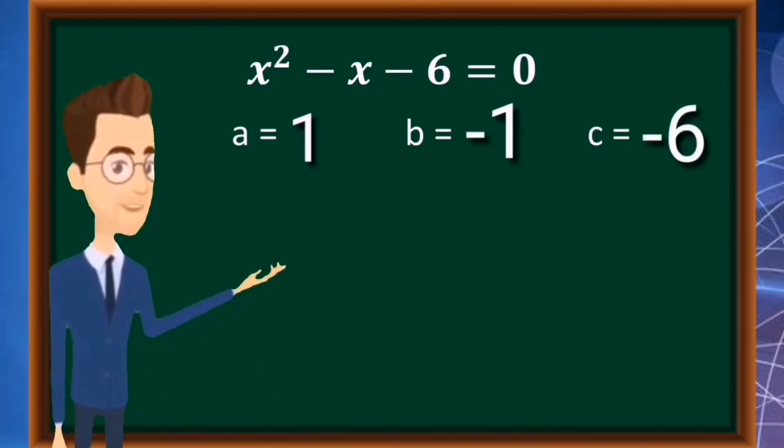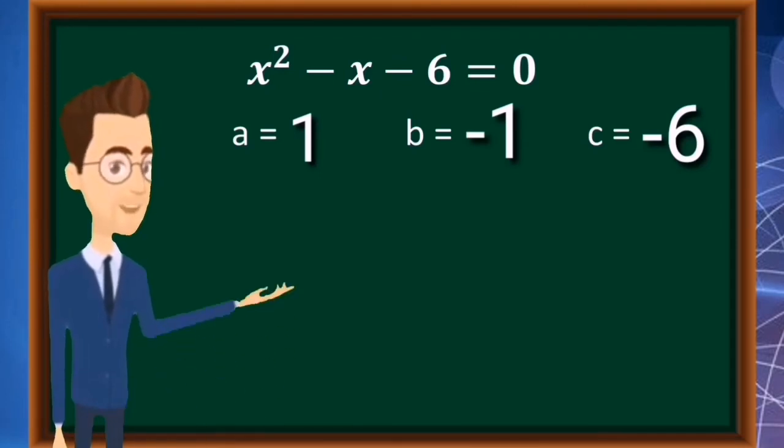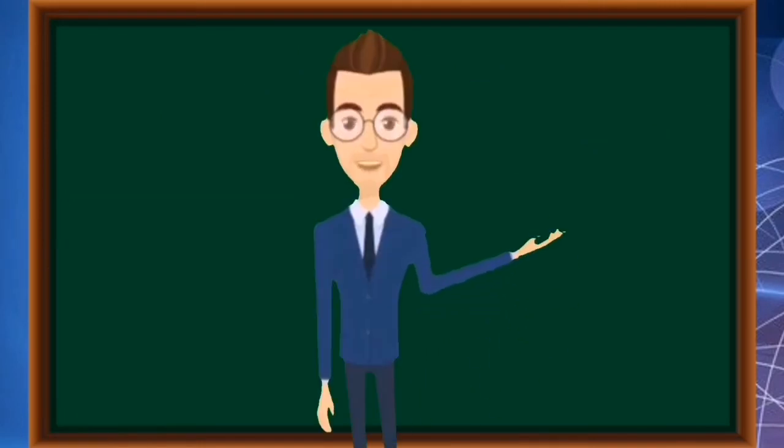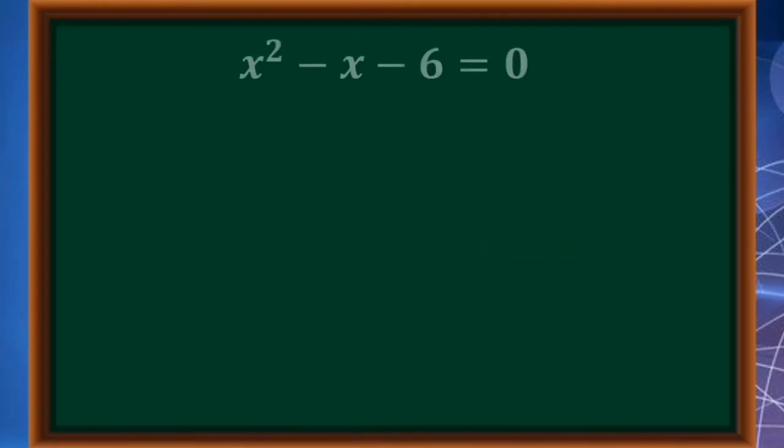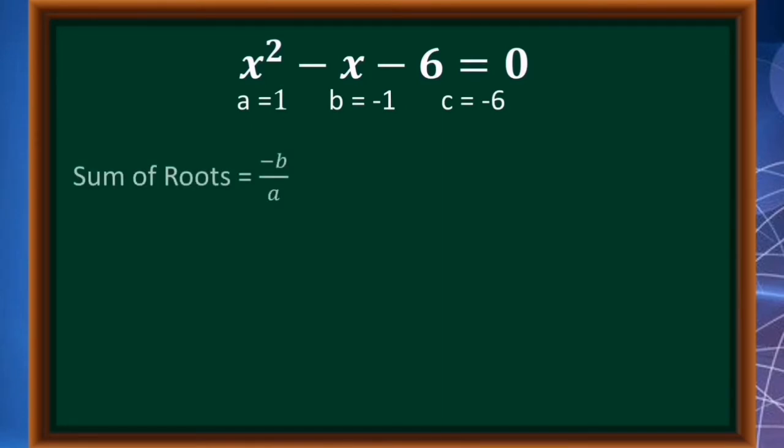And now, using the identified values of a, b, and c, we can simply substitute into the formulas of the sum and the product of roots. Since we already have the values of a, b, and c, we can now immediately solve. What is now the sum of roots?